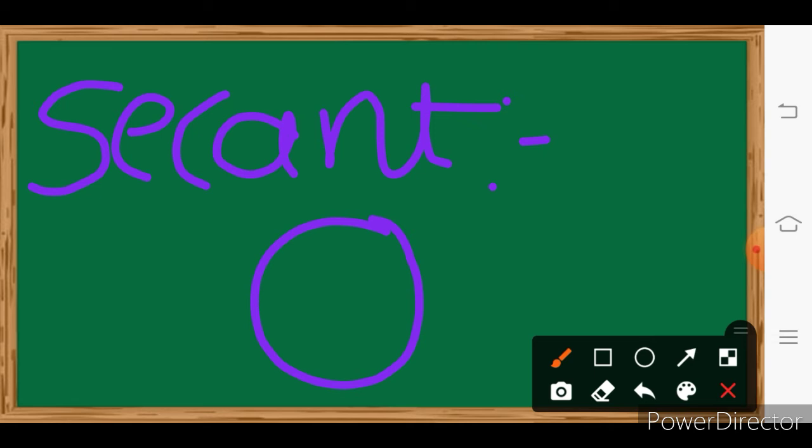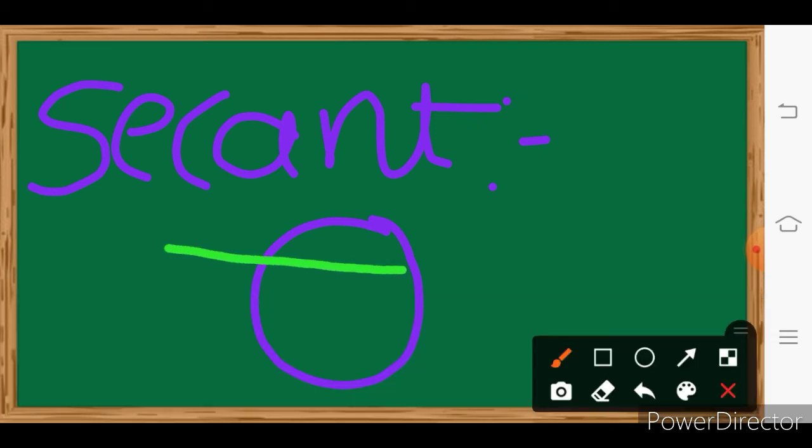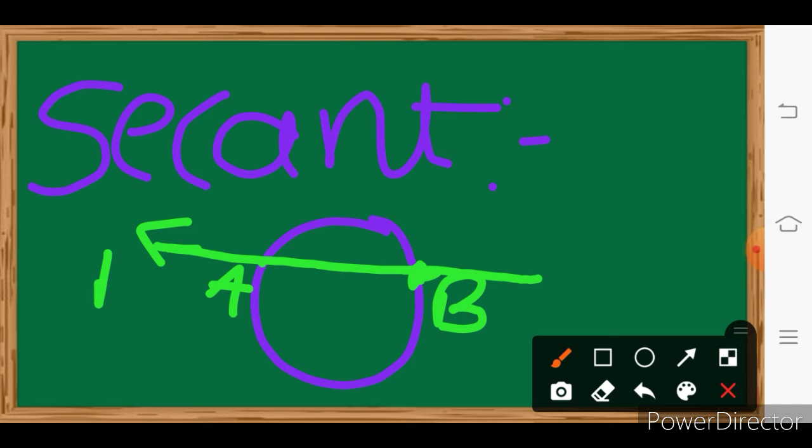If we take a line, this line intersects the circle at point A and at point B. This line is called a secant. Here this line is PQ. It intersects at two points, so this is called a secant.